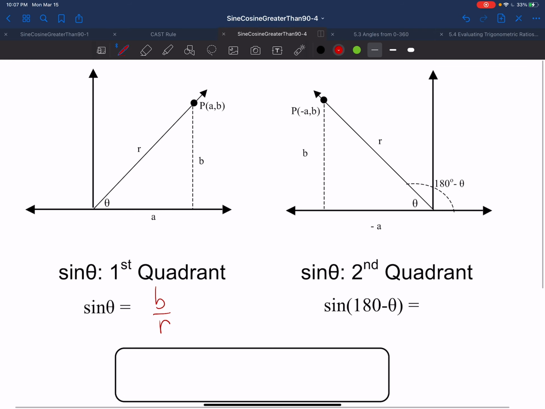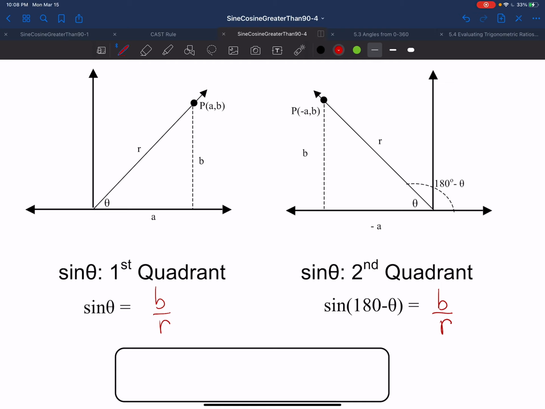But as you can see in the second quadrant, this distance there would be negative, or negative values of X. Now, that's negative A. But even if I find the sine of 180 minus theta, or something in the second quadrant, B and R are still positive numbers.